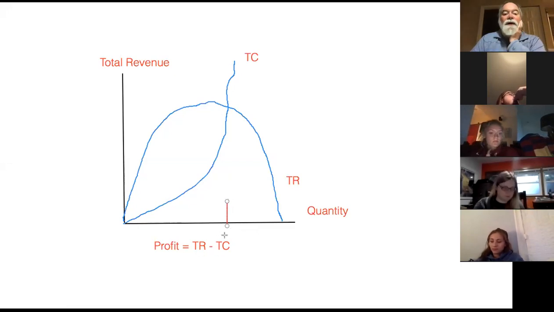At this quantity, total revenue minus total cost is this amount. So this is profit right here. We've now changed this label. So the vertical axis is actually total revenue, total cost, and profit, all on the same graph. We know that at this quantity, total profit is 0. So we'll mark it 0 here.